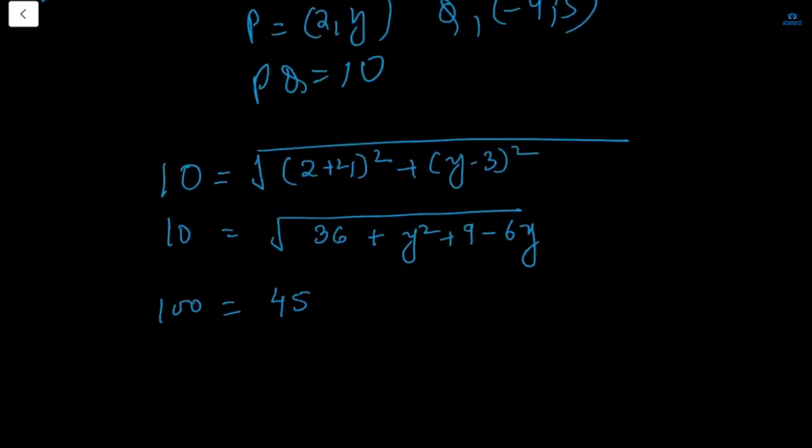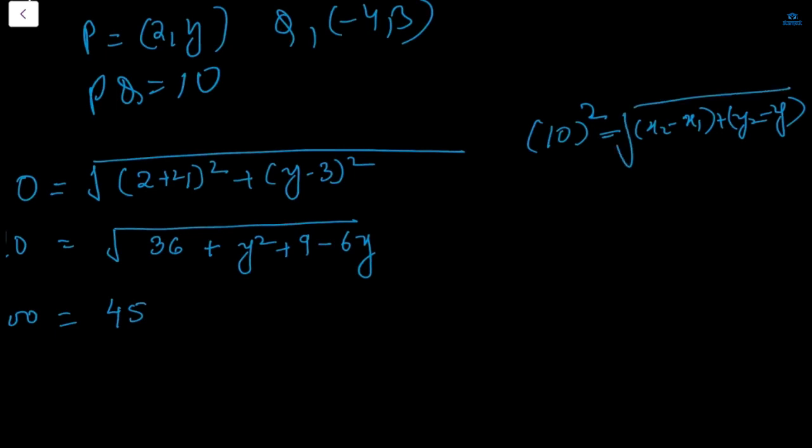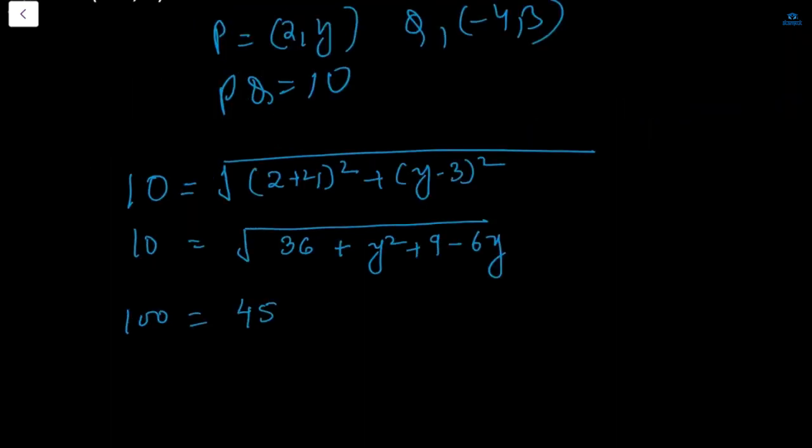If it is written here 10 square is equal to x2 minus x1 whole square plus y2 minus y1 whole square, when you bring the square on the other side, it becomes root. Similarly, when you bring the root on the other side, it becomes square. Or you can simply say you are squaring on both sides.